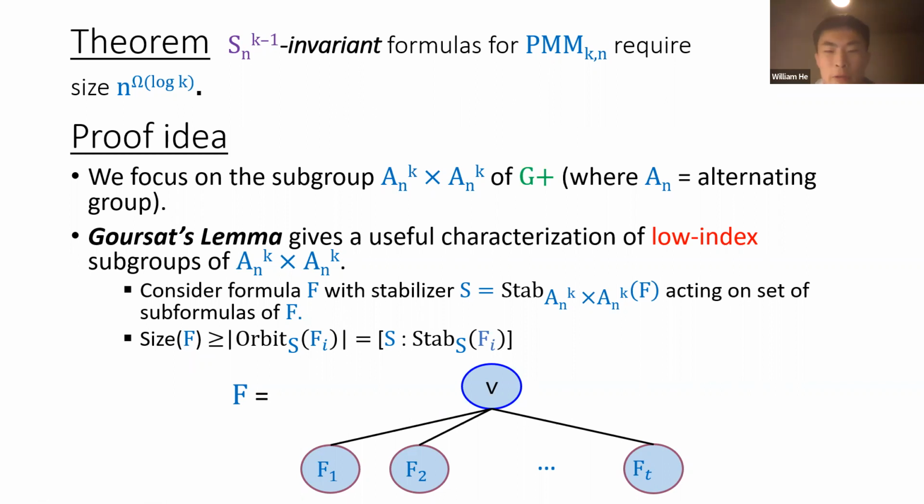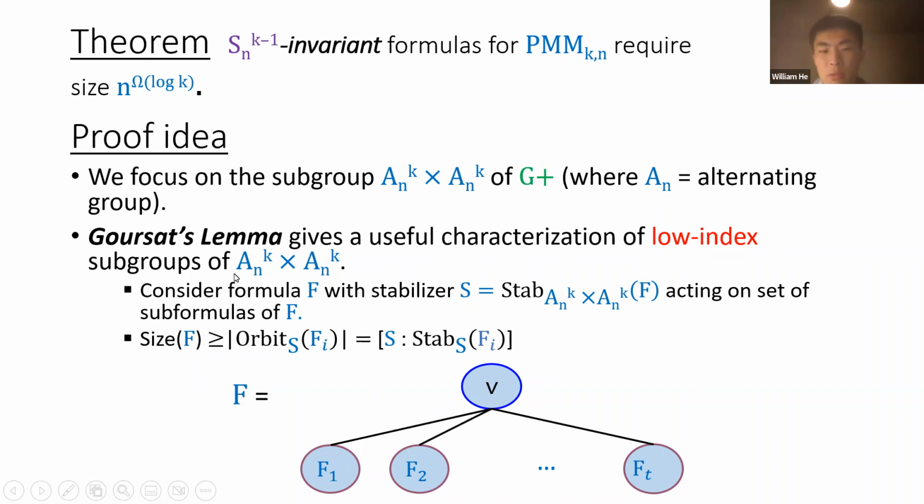And so roughly we'll have two cases. If first this index of the S stabilizer of F_i in S is large, then we already have some good lower bound on the size of F, and we can say we're done. Otherwise, we roughly have that this index is small. So the stabilizer of F_i has small index in S. In this case, Goursat's lemma will give a useful characterization of low index subgroups of A_n^k times A_n^k.